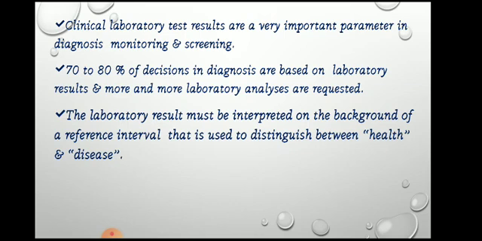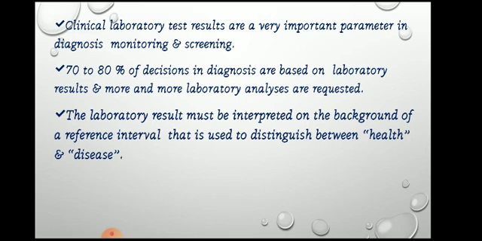The laboratory results must be interpreted on the background of a reference interval, that is the standard value, okay, which is used for distinguishing the two conditions: healthy condition and diseased condition of the patient. Okay, whatever data or observation is obtained needs to be compared with the standard, which is called the reference range or interval.